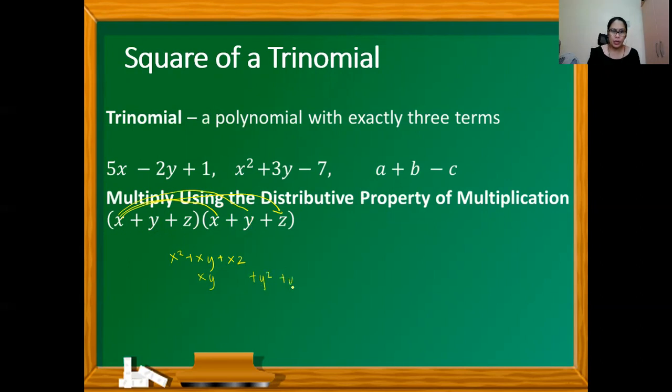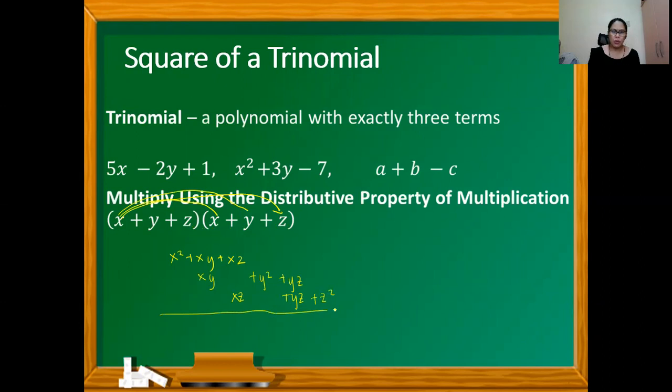And then lastly, we distribute the last term of the first factor to all the terms of the second factor. So we have z times x, which is xz, and then z times y, we have yz, and then z times z gives us z squared.